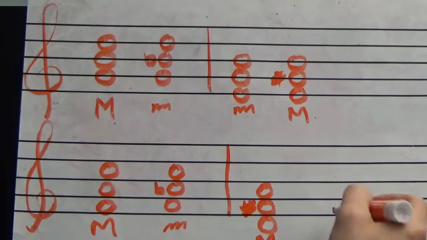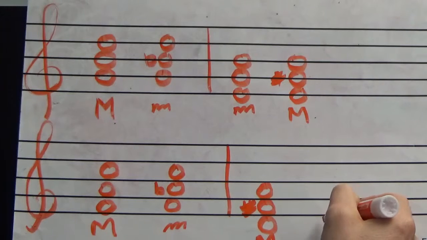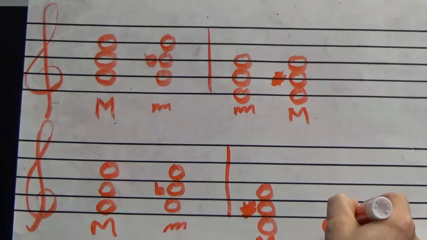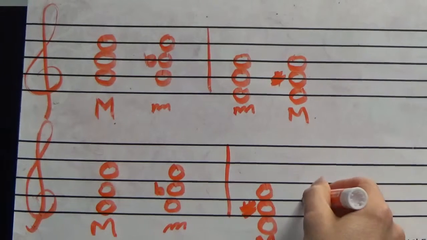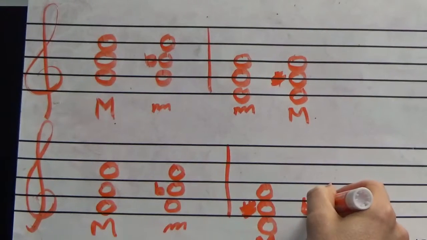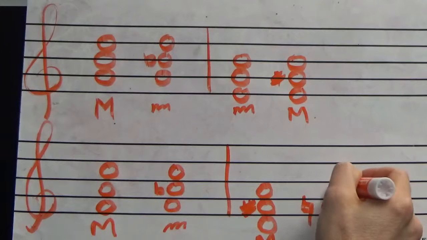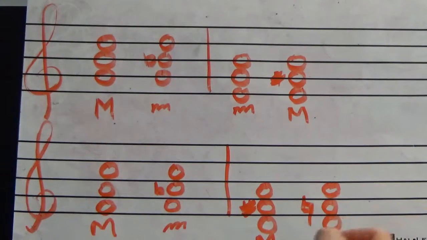Major, D major. And then we got the D, F, and I can write a natural sign here if I like to show that it's no longer sharp. And we've got D, F, A. Bring these assignments in and show your teacher what you can do.